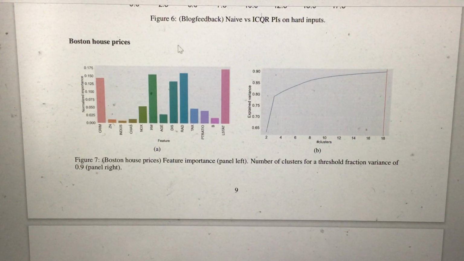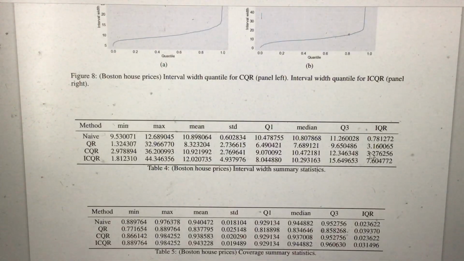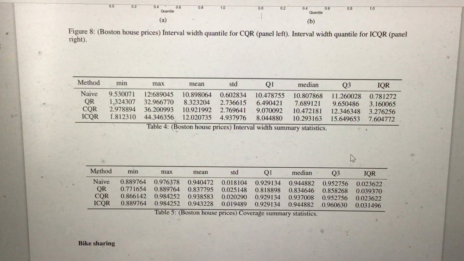This is the feature importance, and this is the explained variance. Here you have 18 clusters. It also has similar results. The QR and ICQR are adaptive, and the minimum and maximum are similar.